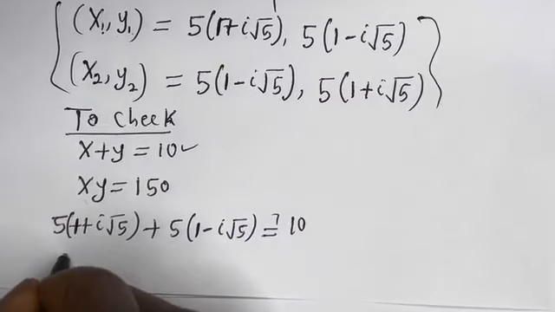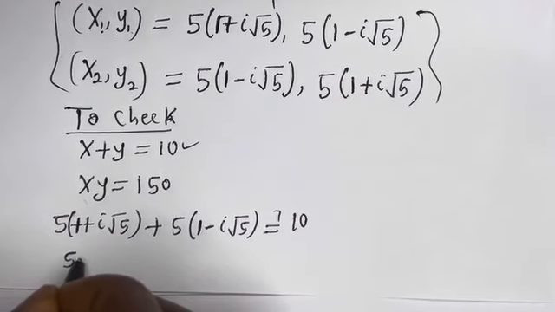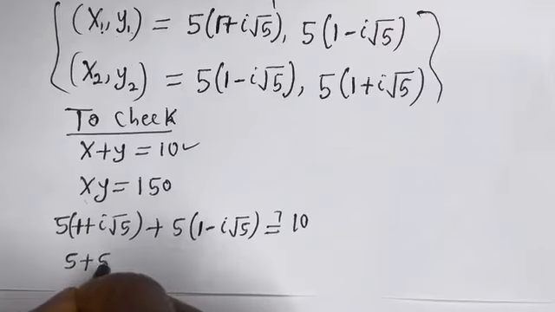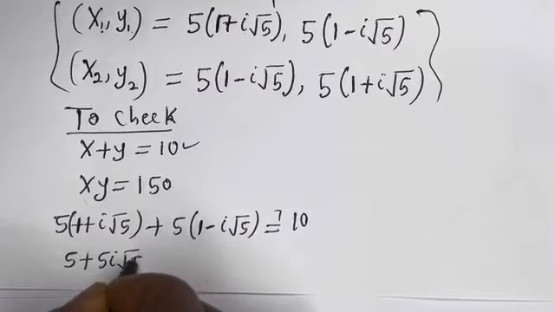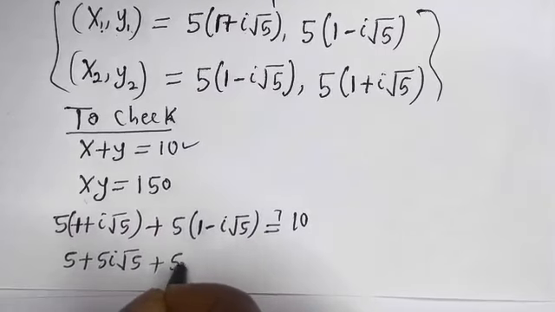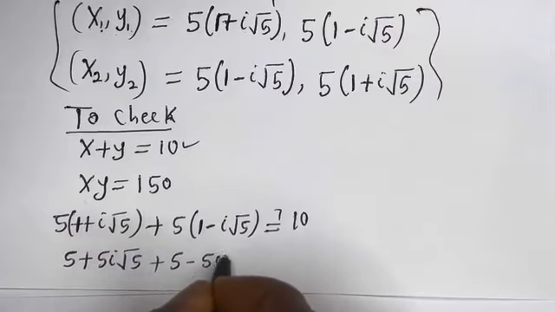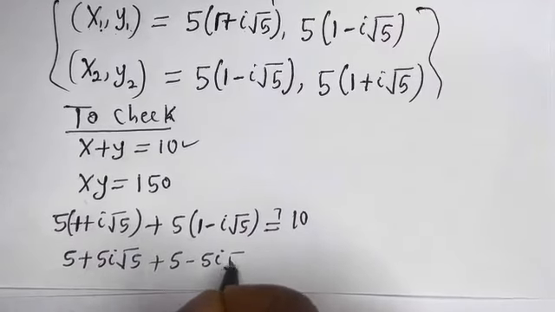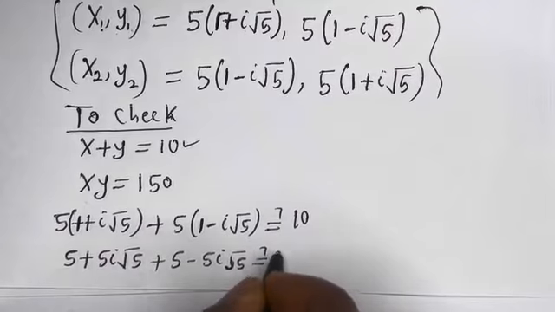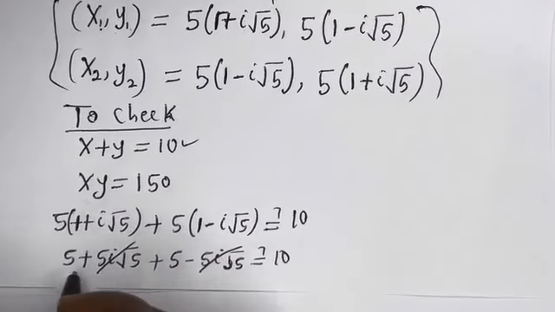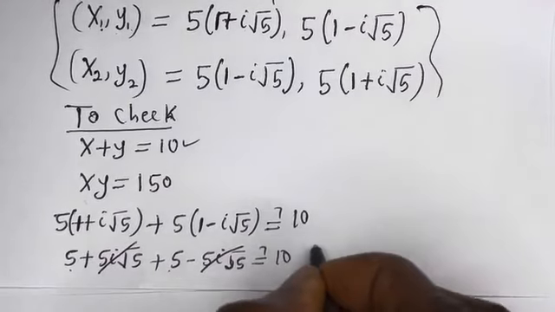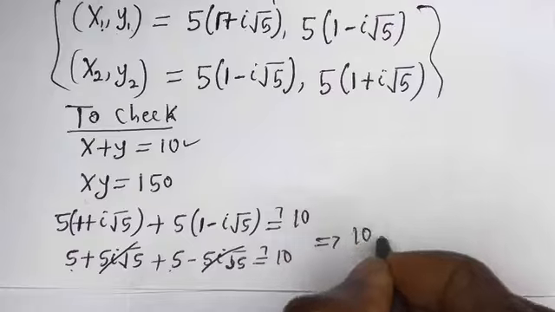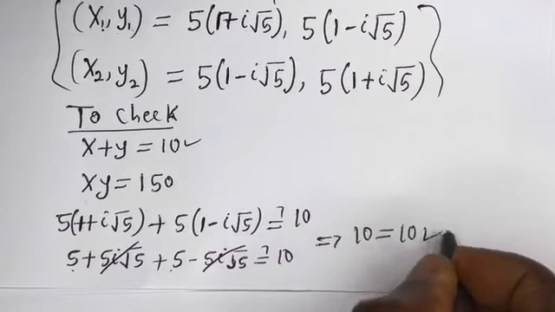This is the same thing as 5 plus 5i root 5 plus 5 minus 5i root 5 must be equal to 10. This cancels this. 5 plus 5, this is 10, is equal to 10, which is true.